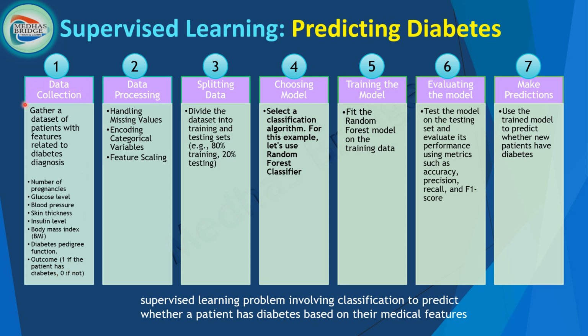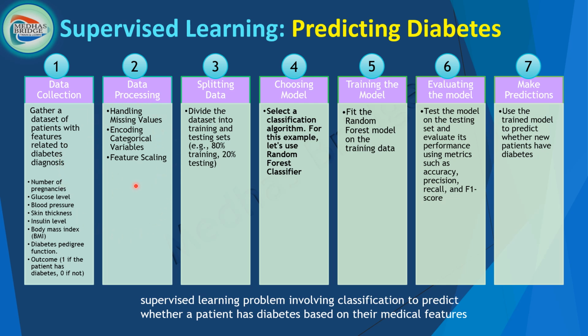Once you have the data collected, the next step is data processing. Data processing is basically handling missing values, encoding categorical variables if any, and feature scaling and things like that. This is again a general process for any data that you have considered as part of your problem solution.